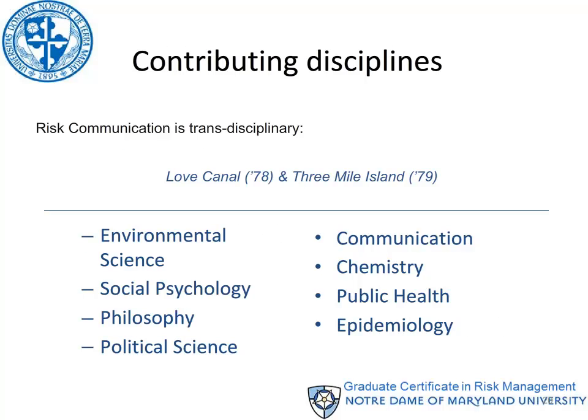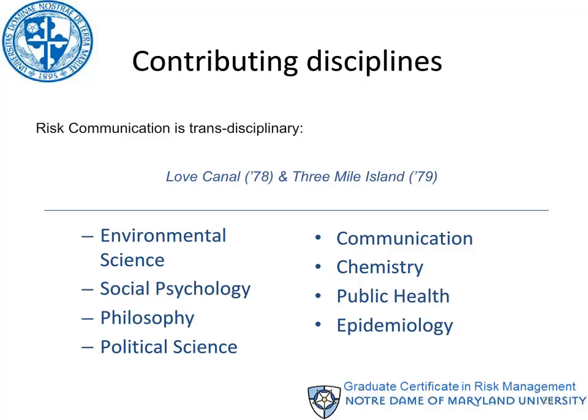Many disciplines have contributed to risk communication principles. Risk communication has evolved from a number of these contributing disciplines. The Environmental Protection Agency sought help bridging the gap between expert and lay perceptions of physical hazards. Psychologists answered by studying perceptions of hazard.